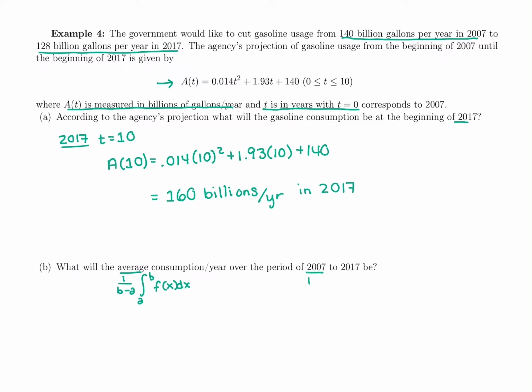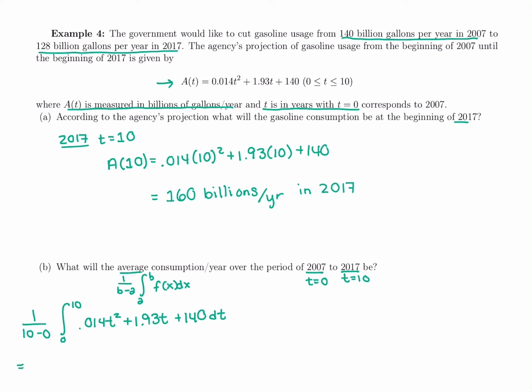So 2007 is t equals 0. 2017 is 10 years later. So we're going to do 1 over 10 minus 0, the integral from 0 to 10 of 0.014 t squared plus 1.93 t plus 140, and a dt in here because this is with respect to time.